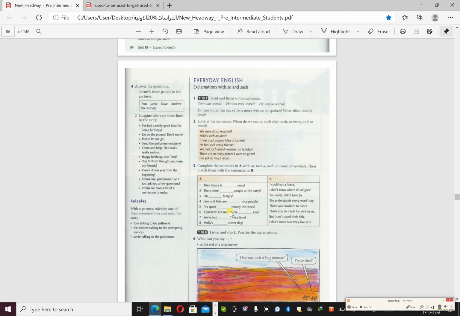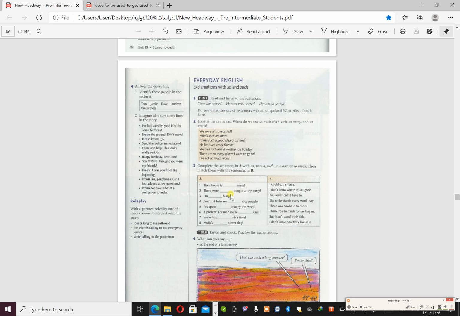And you can answer number 3, how to differentiate between such or so many. So for example, if I say their house is, okay, either to say so or such. So if I say a mess, just trying to show similarity, so such a mess.